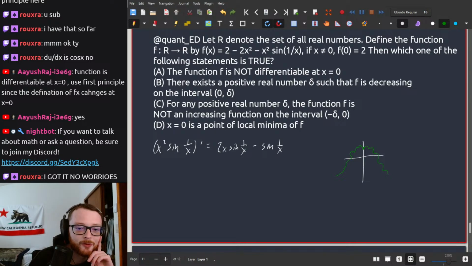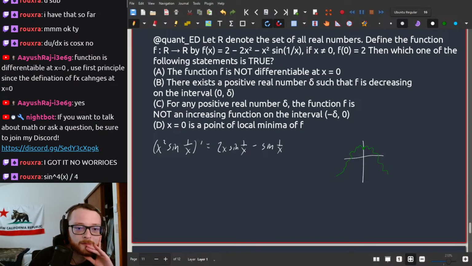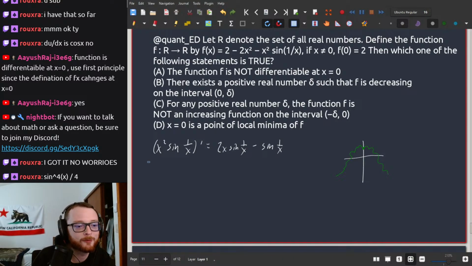It should be like a third sine cubed or something. Or a fourth, sine to the fourth, I think. Yeah, that's right. So actually, thinking about it visually, I believe that the function could be well defined, or the derivative could be well defined at 0. You're saying to do it from first principles.